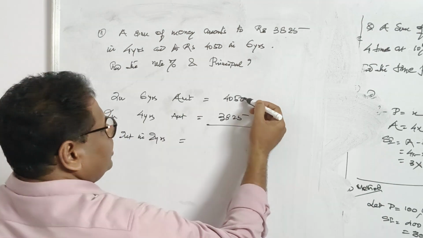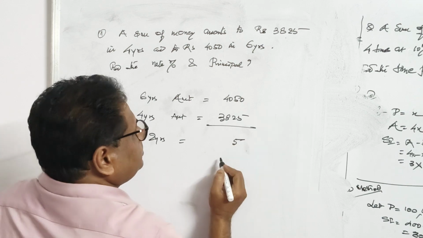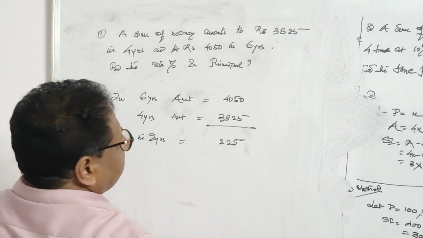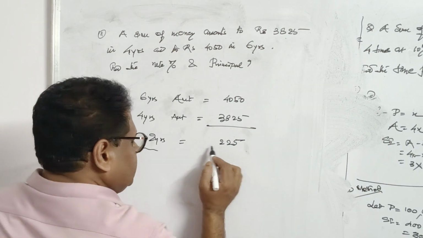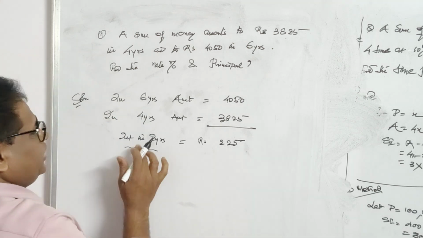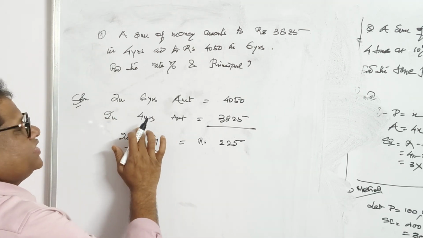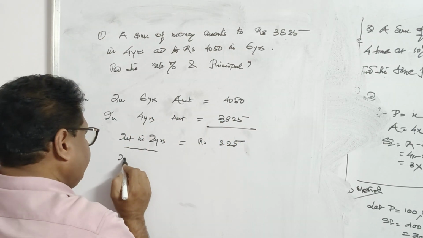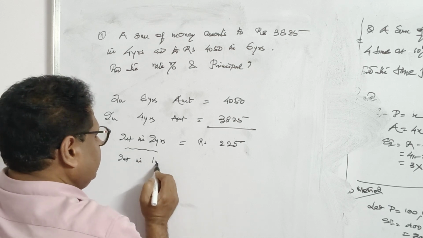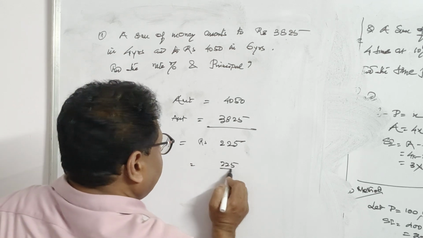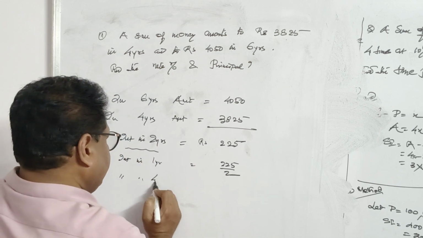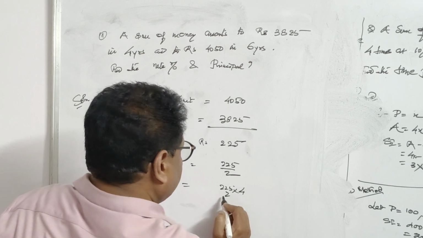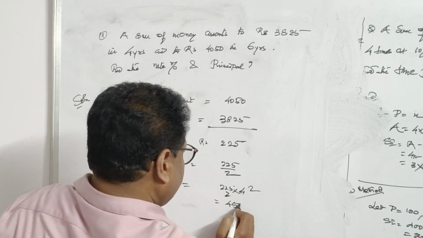This is equal to this minus this, so it comes to 225. So interest in 2 years is rupees 225. We need to know the interest in 4 years, so that we can subtract this interest from the amount to get the principal. So we find interest in 1 year, that comes to 225 by 2. So interest in 4 years is equal to 225 by 2 into 4. So it comes to rupees 450, right?